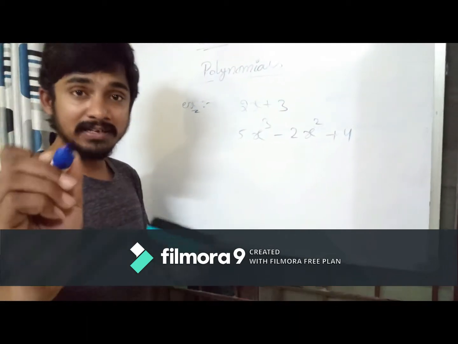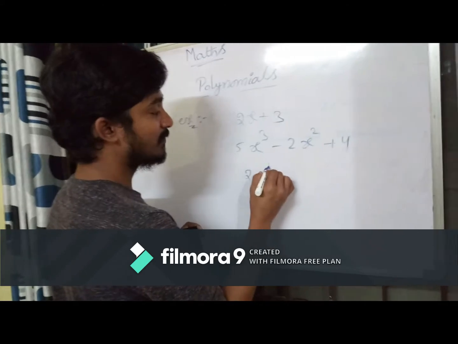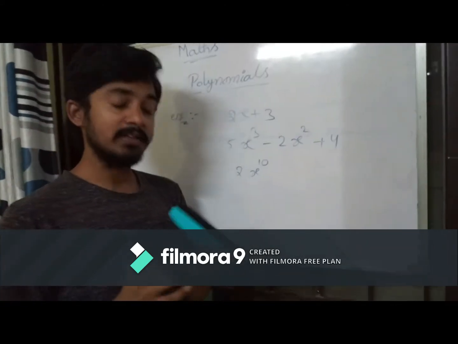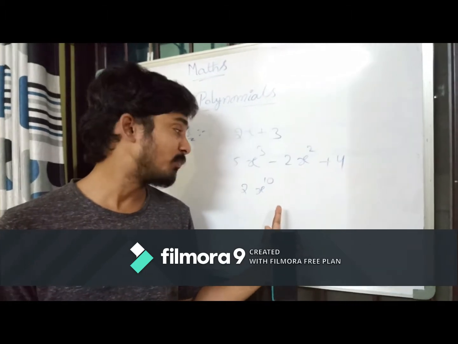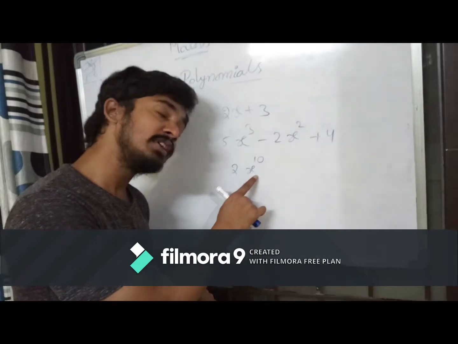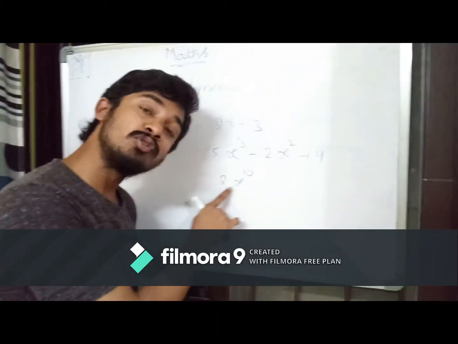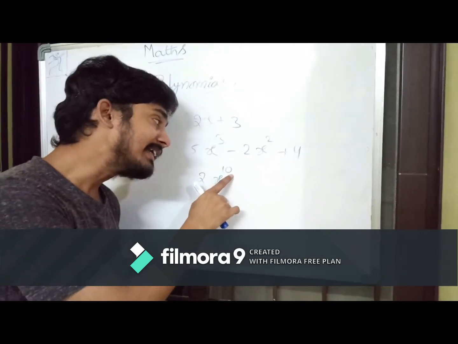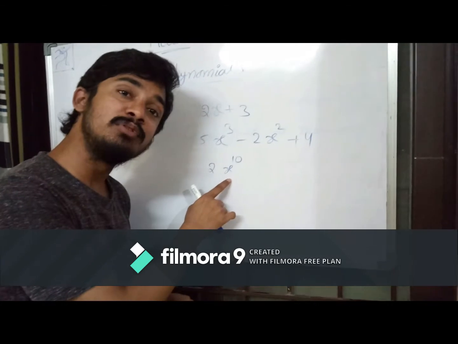Another example for a polynomial is 2x power 10. This one is also an example for a polynomial. Here 2 is the coefficient of x power 10 and 10 is the power of the variable x.